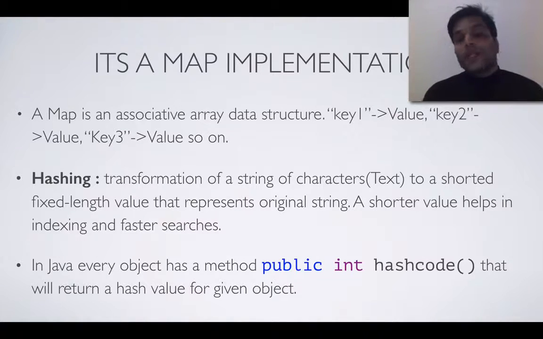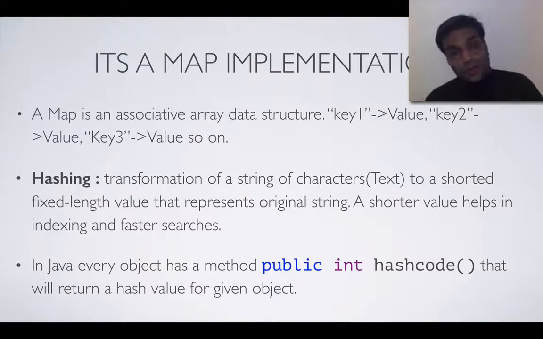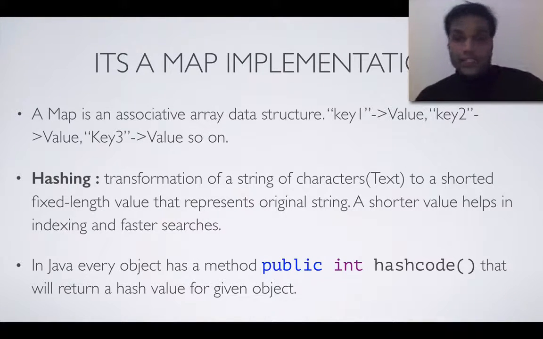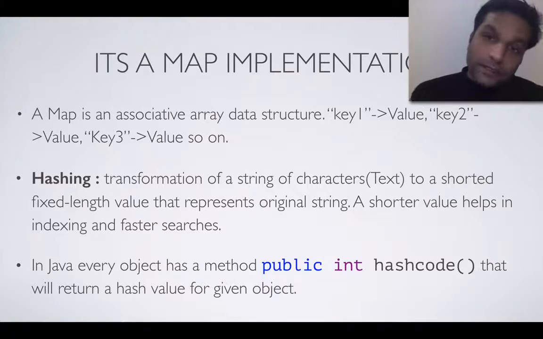So it's very important to have a robust hash code implementation in your classes. And if you have difficulty implementing your own hash code, for example, you are implementing an account class and you are not able to provide a very good hash code implementation, you can always let the IDE generate it for you. They do a good job sometimes in generating hash code implementations.